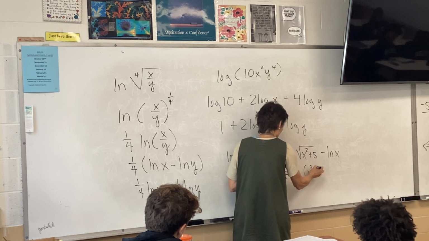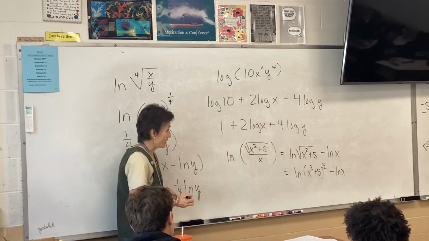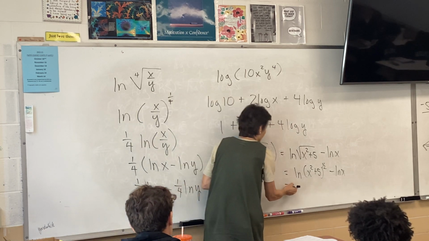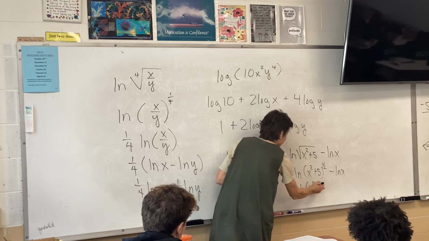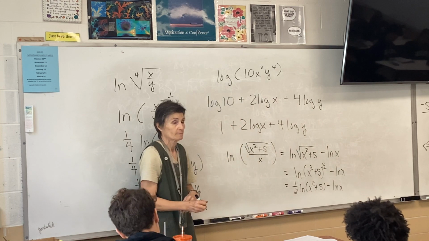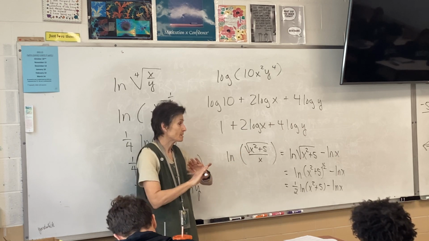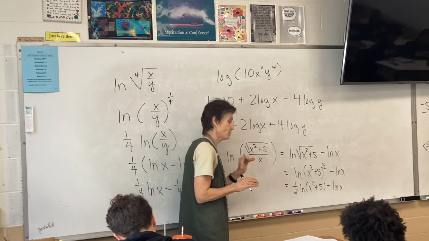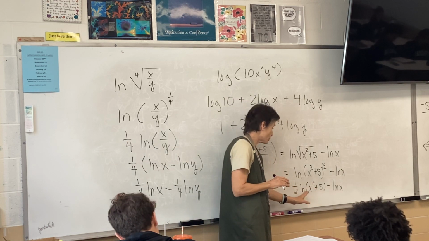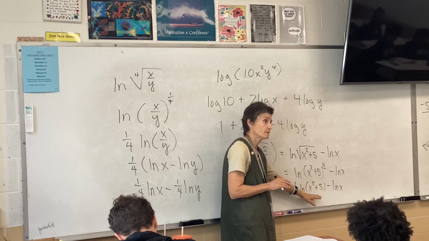So I'm gonna think of this as x squared plus 5 to the 1/2. And then I can always pull my exponent out. So 1/2 ln x squared plus 5 minus ln x. Nothing else you can do. Stop. There are no properties of logarithms that deal with sums. In other words, you can't distribute this or anything. You're done right here.